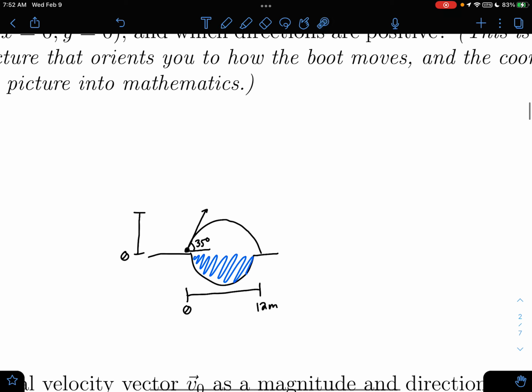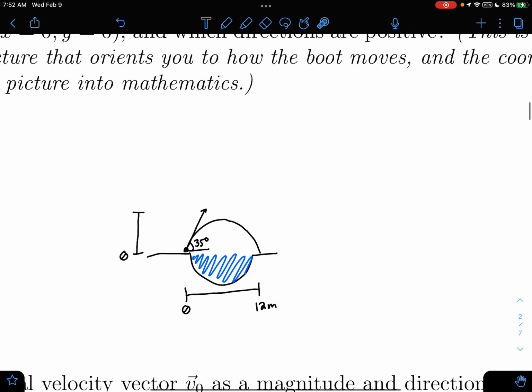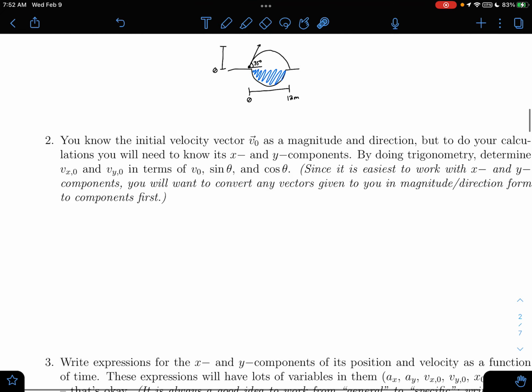I'm just setting my 0 as here because it's been easy thus far to have our starting point be 0, 0, but you could set it opposite, you could have it backwards. Really doesn't matter as long as you set which way is positive, I'm saying up and to the right, and keep it consistent through the problem.